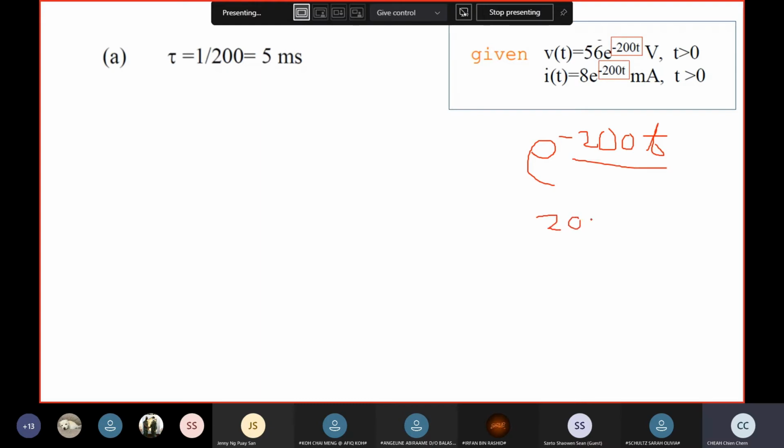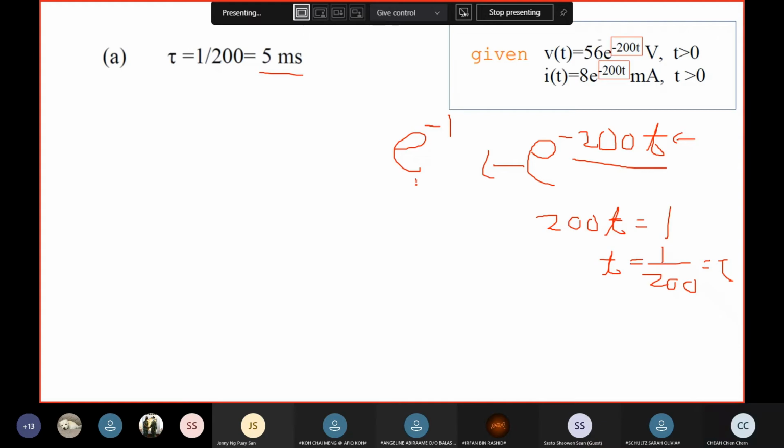We call this the time constant. Usually we use the notation tau. So tau is equal to 1 over 200. Which means that if you put t equal to 5 milliseconds into here, then this will become e to the power of negative 1, which means that you reach 36.8% of the initial voltage, which is 56 in this case.